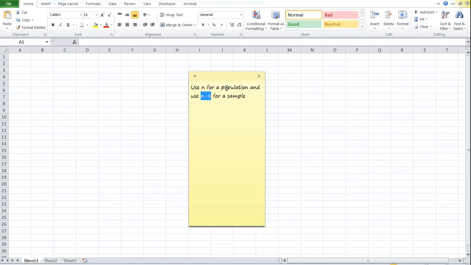And that's even though when we do the population, we use n. And I kind of explained the reason for that.